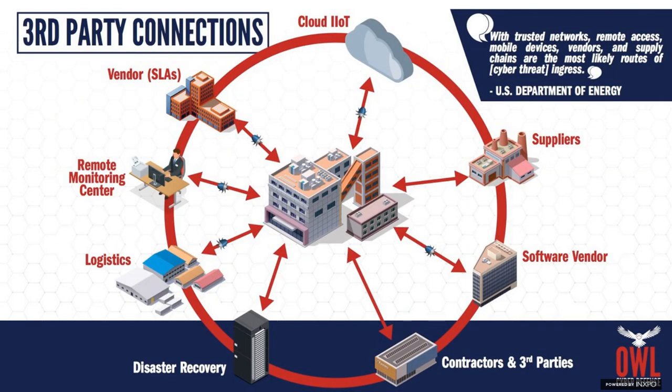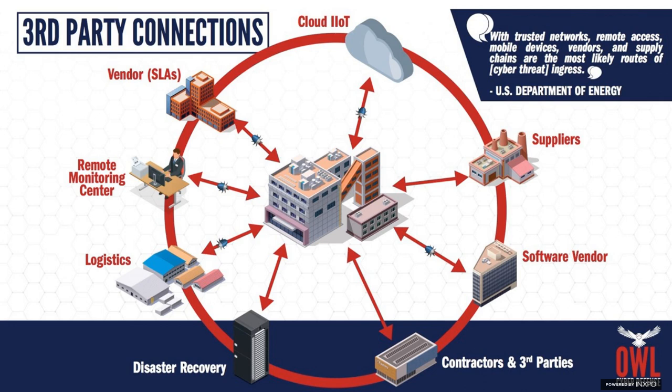So if you look at your facility and you think about those entities, those parties that need access. Maybe you're pushing something out to the cloud. You've got suppliers providing equipment updates. You have software vendors sending in patches that may need to be implemented. Maybe you've got contractors or third parties, disaster recovery solutions, just general logistics for plant operations.